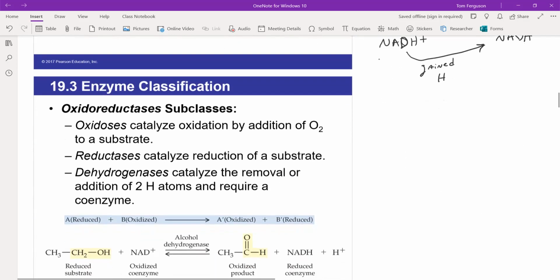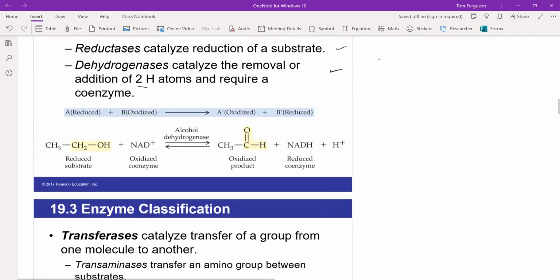There are 3 subclasses of oxidoreductases. There's a straight oxidation, straight reduction, and then a more specific one focusing in on hydrogen atoms. So this is the reaction I was just talking about.